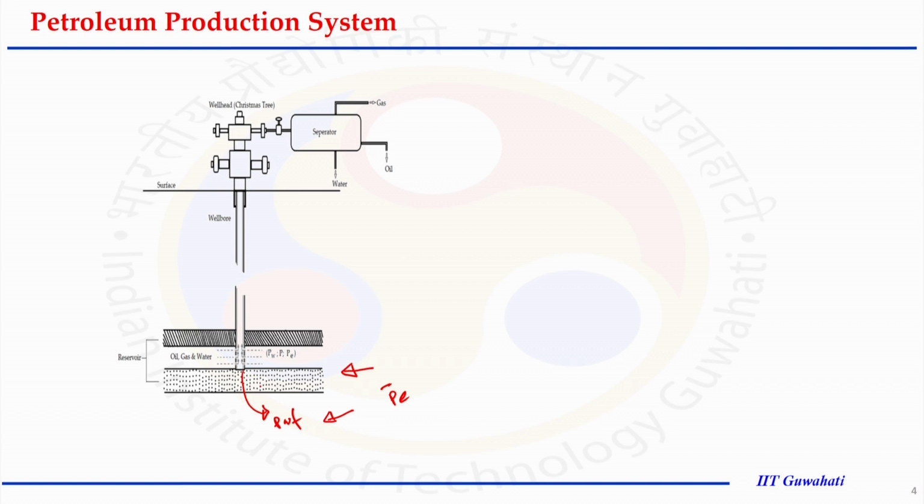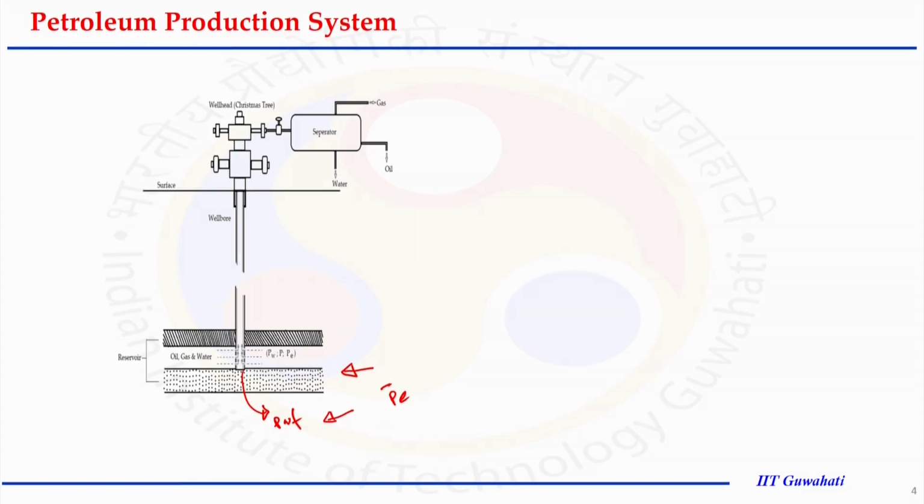From here it goes to this part where we have the WPR, the well performance relationship. Again, because gravity will play a major role in a several thousand feet pipeline, because of the mechanical energy balance equation we could set up the WPR relationship here.